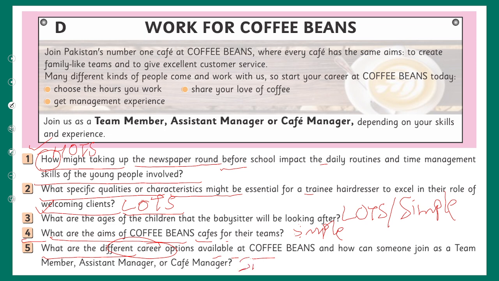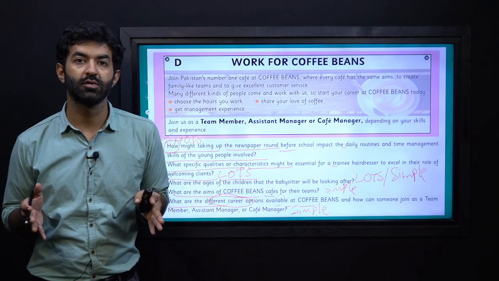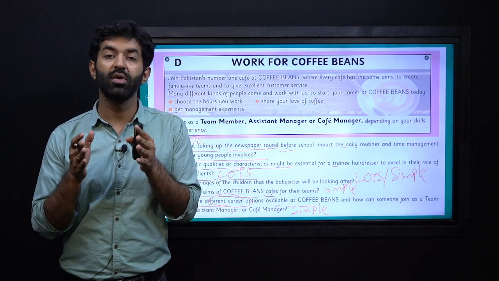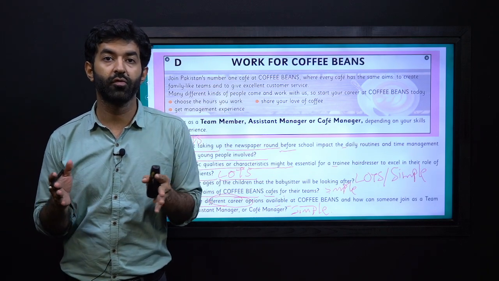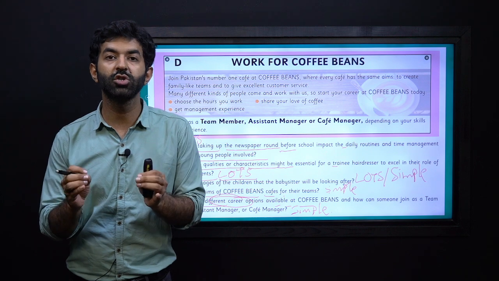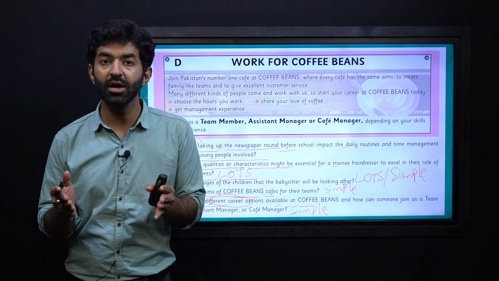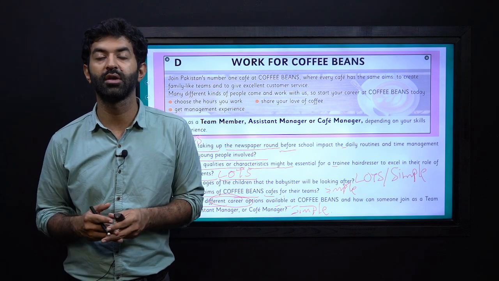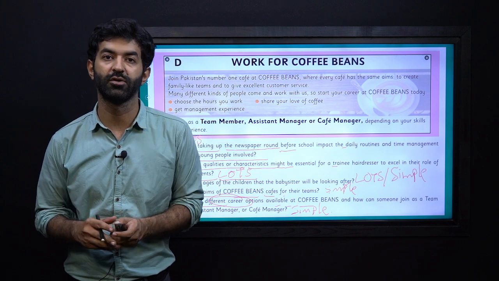Again, this is a simple question. Okay, so we have one higher order thinking question and all the rest of them are just simple questions. So students, after reading the advertisements, all 3 or 4 of them, then you can answer these questions. Try to follow the instructions of answering higher order thinking questions and lower order thinking questions or simple questions.